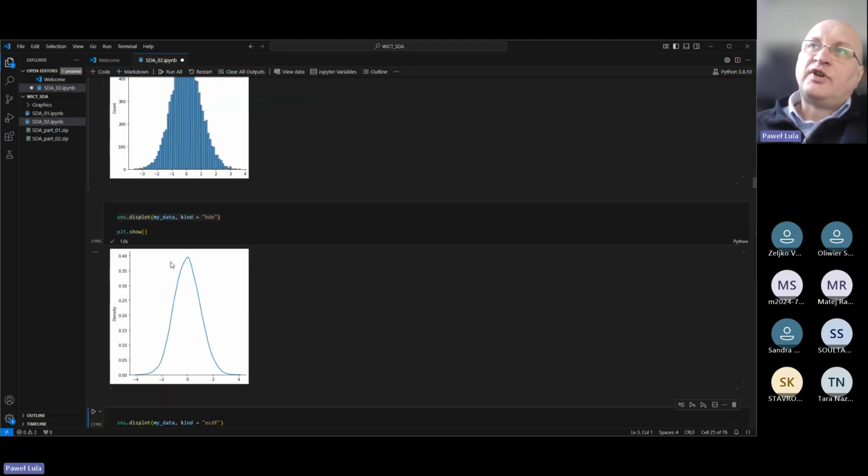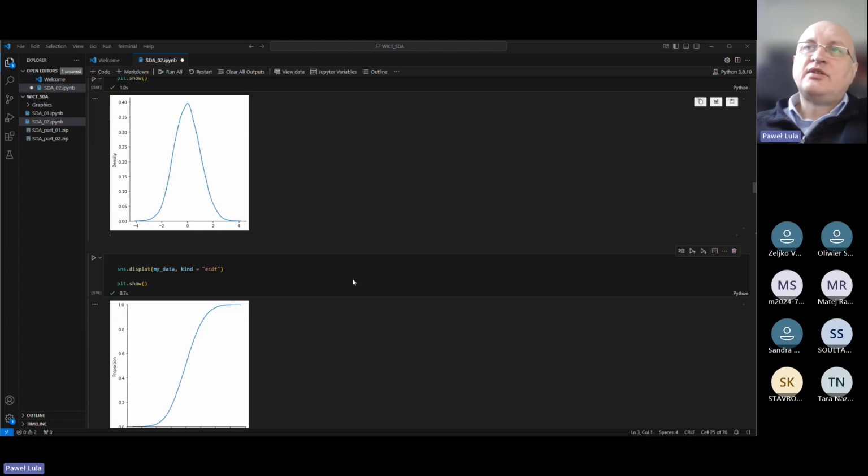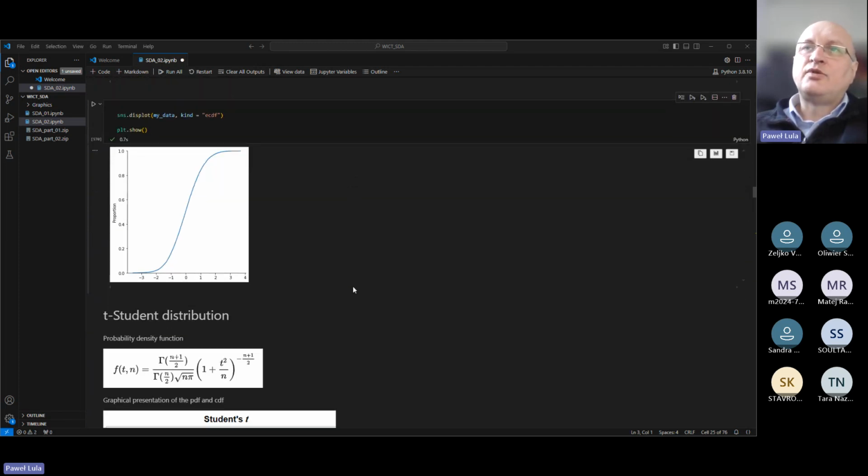Of course, for the probability density function, we see that values here which we have on the y-axis are different to ensure that the area under this curve is equal to 1. And it is normal distribution.